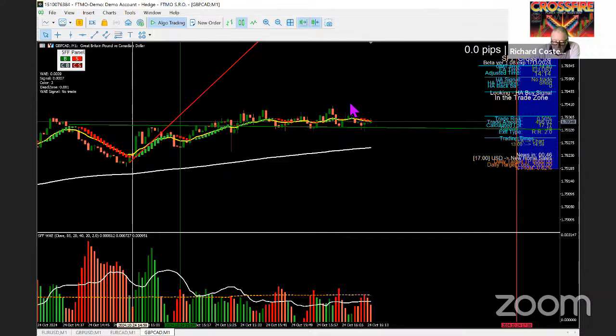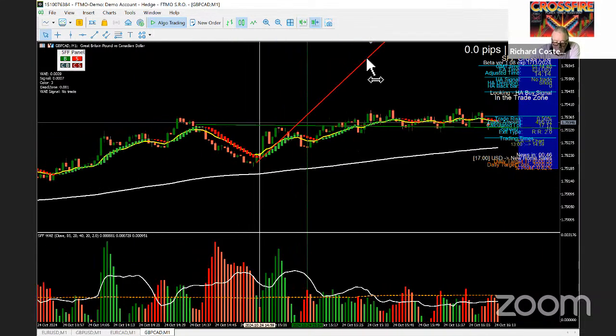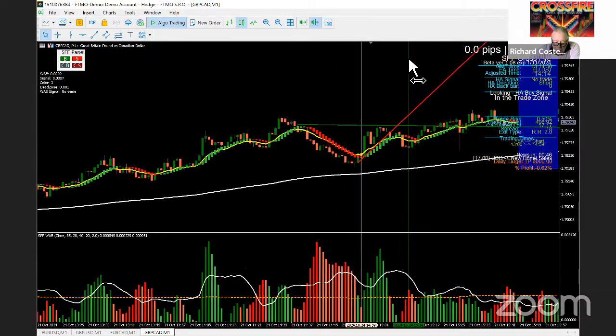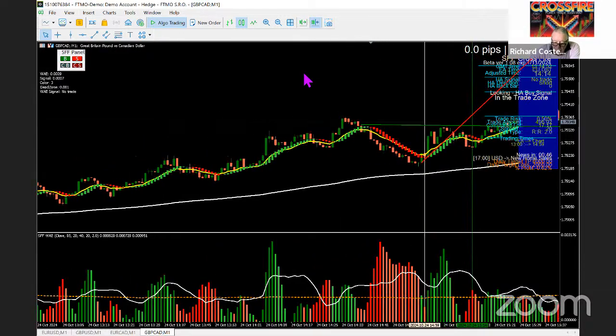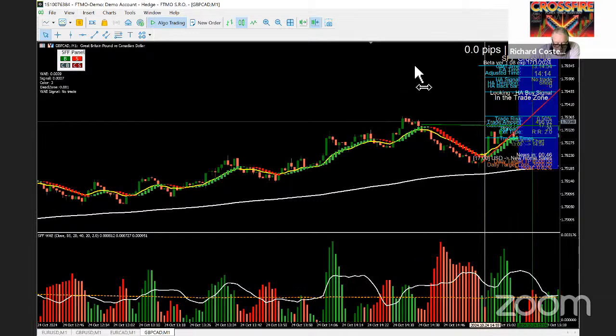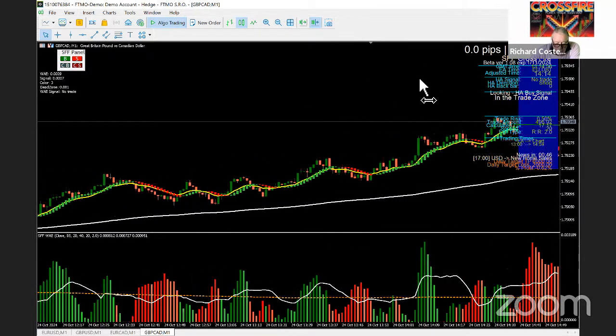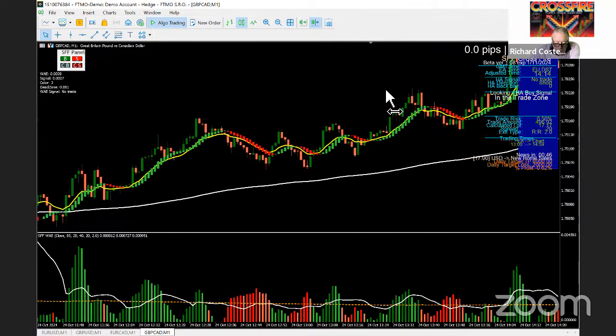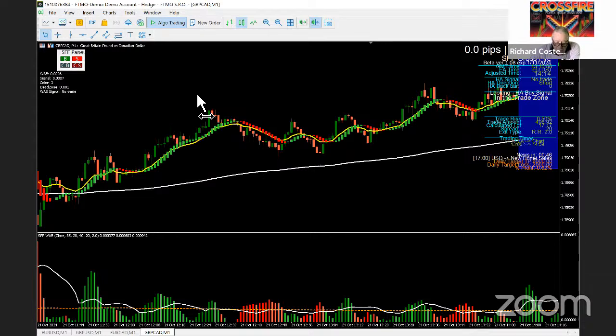The latest MA crossover is way back, so I would have to override my trading assistant. It hasn't crossed over. Still haven't, no, nearly crossed over.